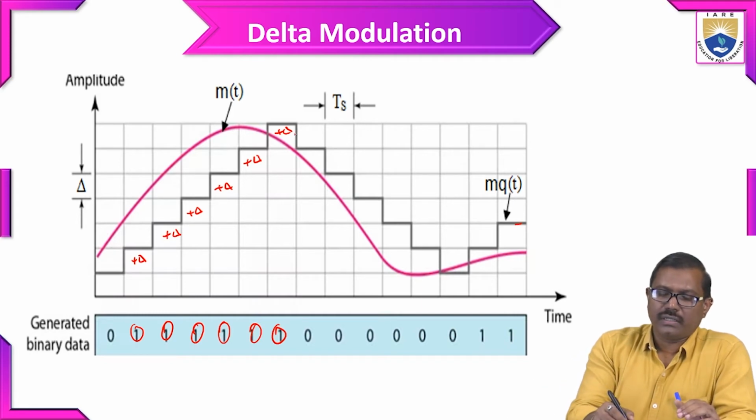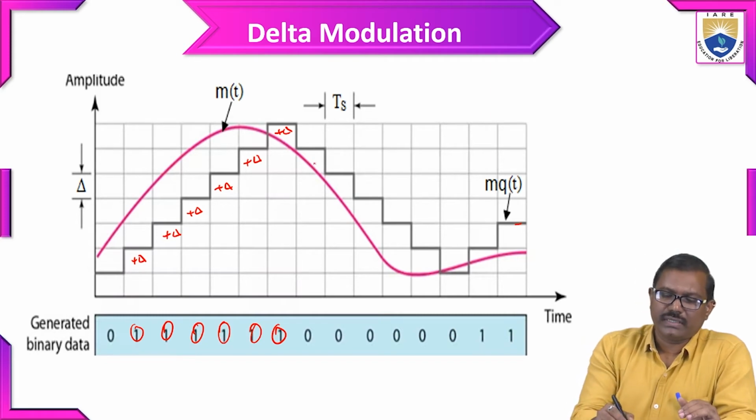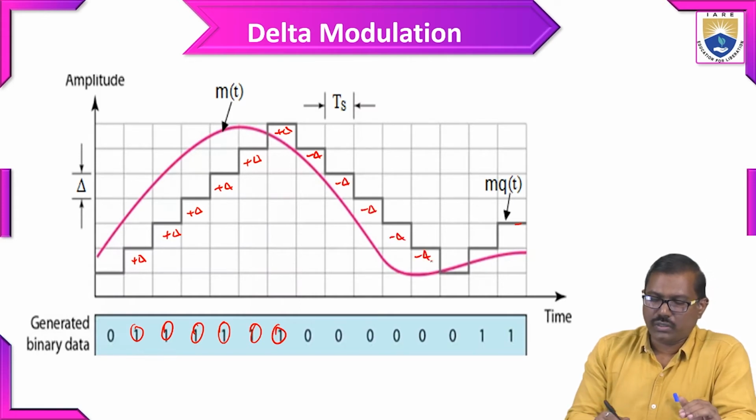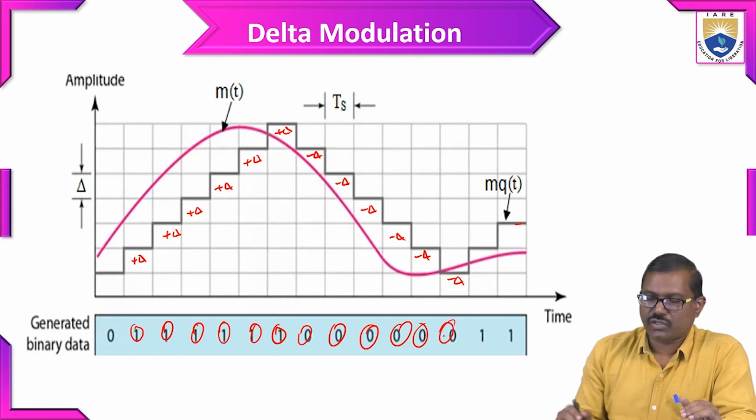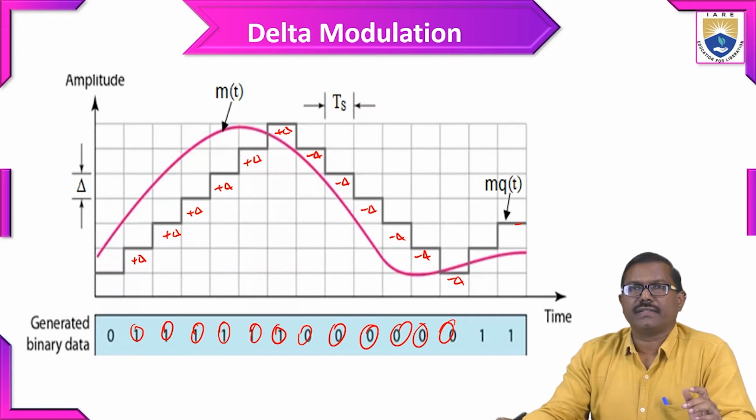Here the approximation is above the message signal, so a decrement is required. So minus delta, again minus delta. Up to this point, 0, 0, 0 is coming. Here also minus delta, so 0 is coming. Then after, again it is going to increase.